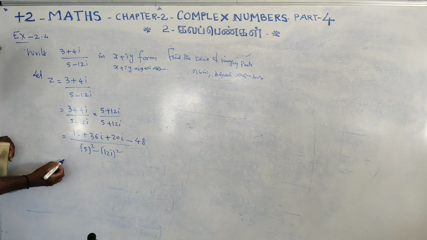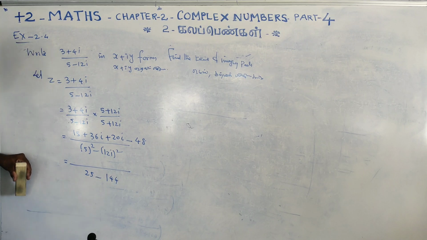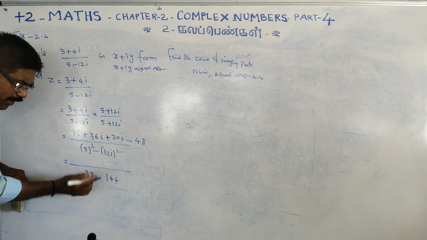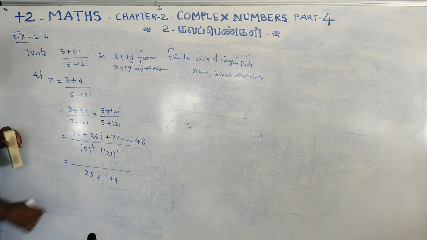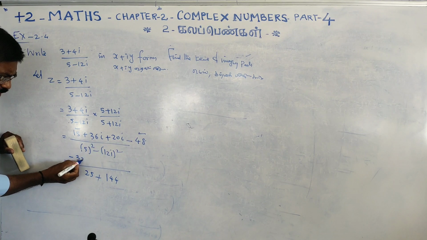Minus separate 25, and 12 squared is 144. i square equals minus 1. Plus reduce, 48 minus 15.